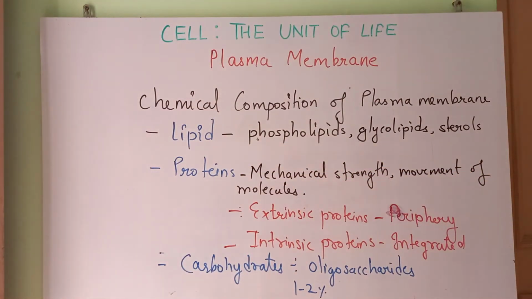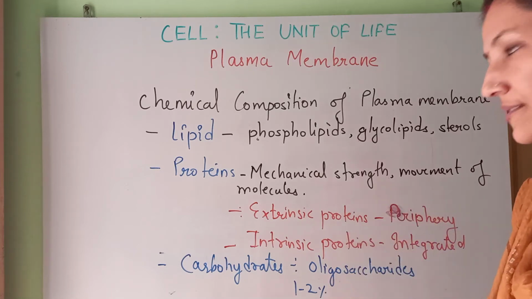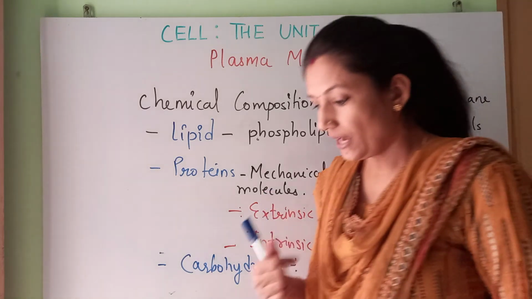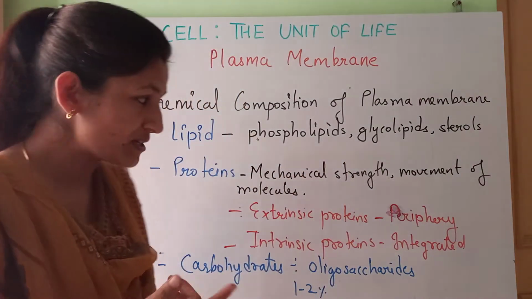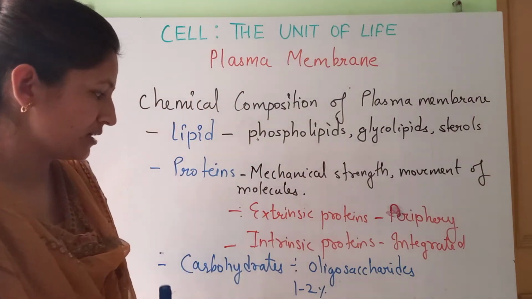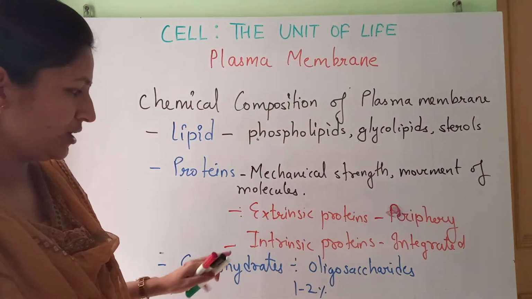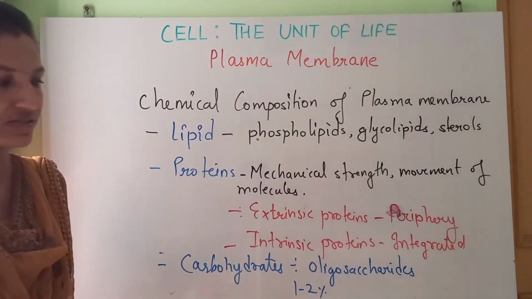Fine. And in the plasma membrane, they are present in linked form with proteins as a glycoprotein and with the lipids as a glycolipids. In that form, they are present in the plasma membrane structure.